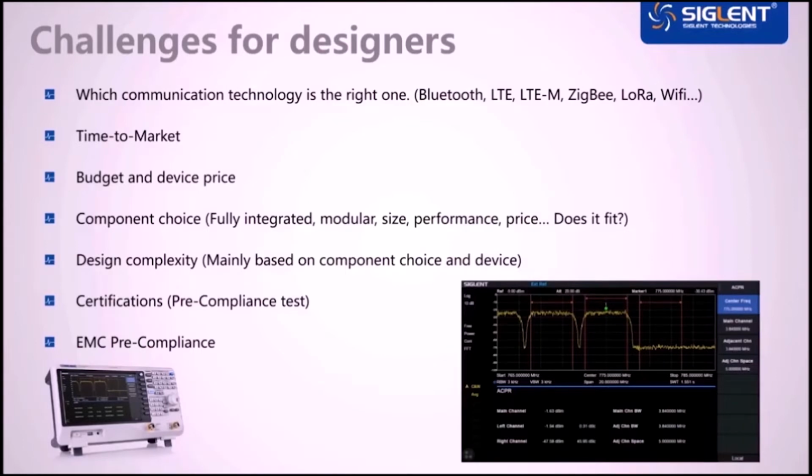Something like the example I mentioned before, that you cannot build antennas into a metal housing. A suitable solution has to be found. Based on this, the design complexity is mostly determined. In order to be allowed to use a communication standard in the end, you have to get the corresponding certification for your device. Several tests have to be passed for this, such as the occupied bandwidth or the adjacent channel power.